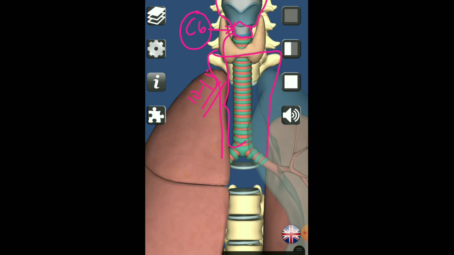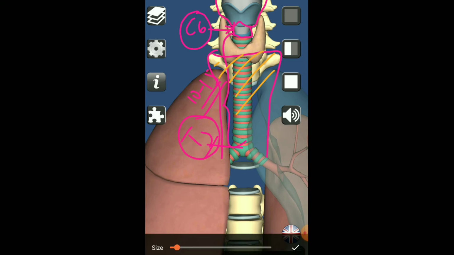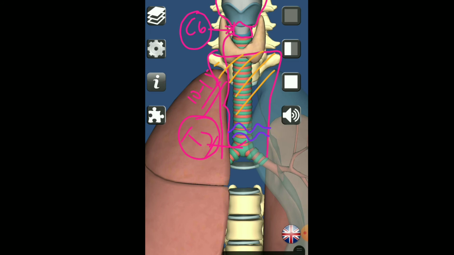Yes, this is the manubrium sterni, and this is the region of bifurcation where you are having the sternal angle of Louis. It is a very important anatomical landmark. I repeat it.